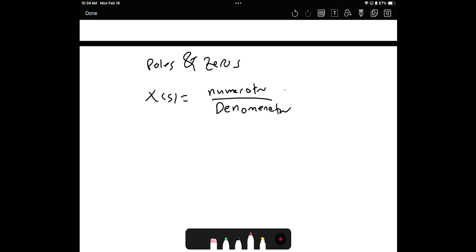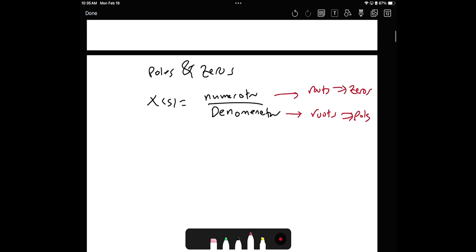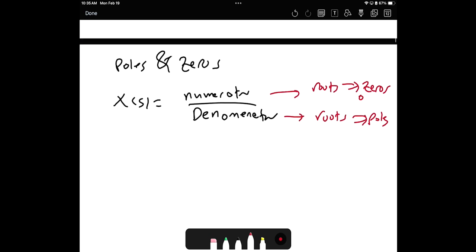Zeros are roots of the numerator, while roots of the denominator are poles. Zeros in the plot will be written by O, while poles in the plot will be written by X.